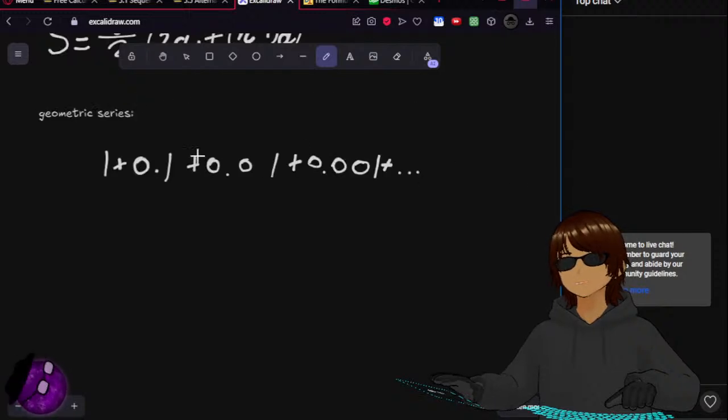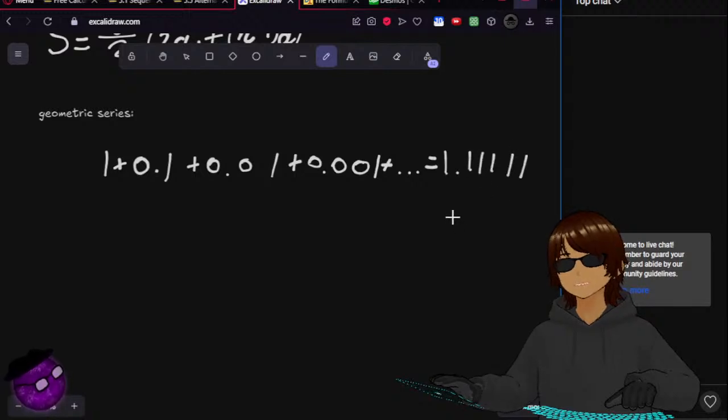This goes all the way to infinity, so this is equal to 1 point 1 1 1 1. Do you guys understand how I got this? It's 1 plus 0.1, which gives 1.1, and then plus 0.01, which gives 1.11, and so on.